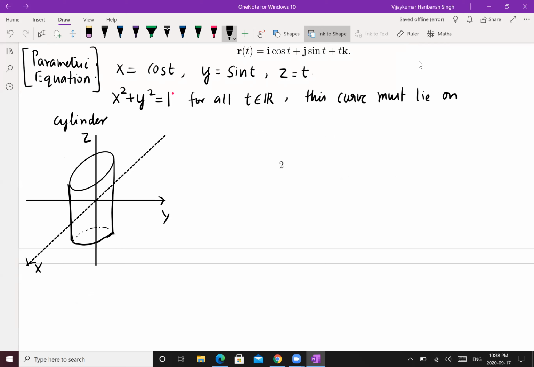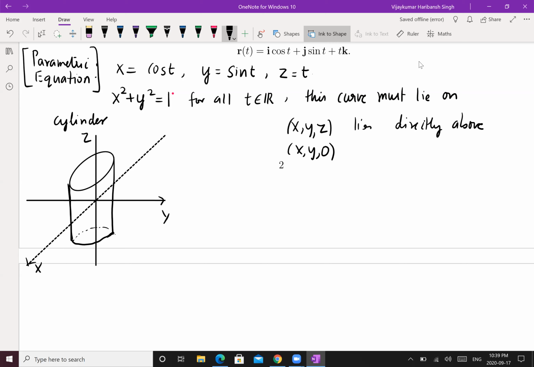So if we look at the following, it lies on the cylinder x squared plus y squared equals 1. Now the point (x, y, z) lies directly above (x, y, 0), right?